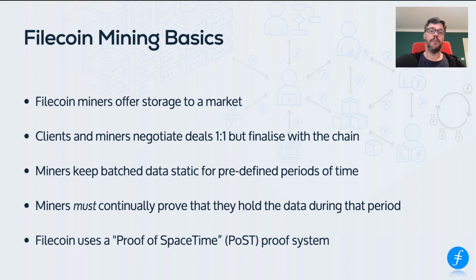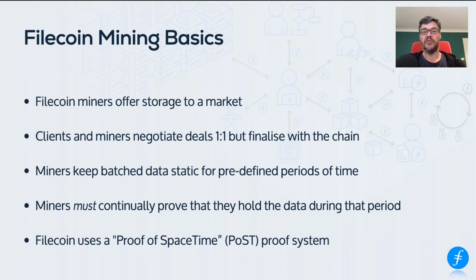Miners keep batched data static for predefined periods of time. So miners are responsible for collecting up data, packing it up, and then freezing it for periods of time. That's the basics of how Filecoin does storage, these batches, frozen periods of time. Miners have to continually prove that they still hold the data during that period.